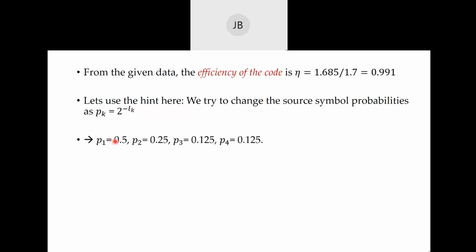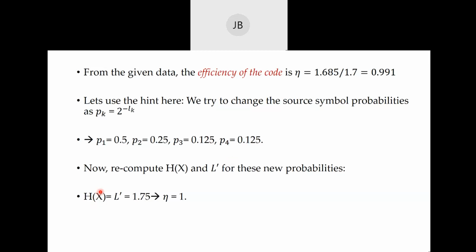We know the probability here: probability 1 is equal to 0.5. Let us change probability 2 to 0.25, probability 3 to 0.125, and probability 4 to 0.125.